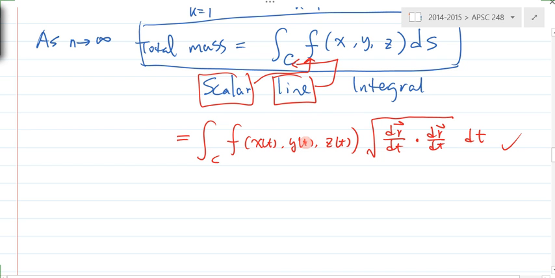You never know, maybe it represents the temperature distribution along the wire. So just remember, the end result here is a general formula. Now let's look at a couple of examples.